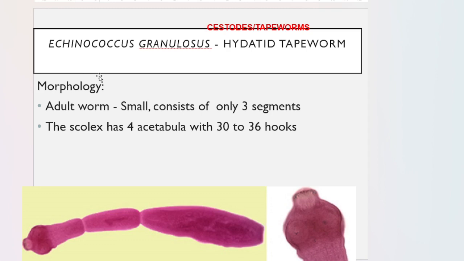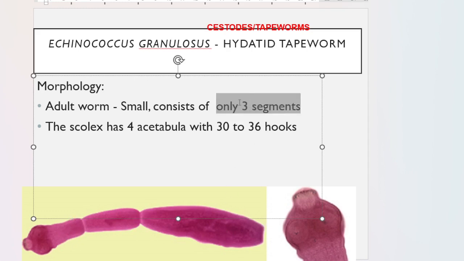Okay, so we have here yung morphology niya, Echinococcus granulosus, same with the multilocularis. So adult worm, it consists only of three segments. Ano naman yung segments natin? Immature, mature, and then the gravid.